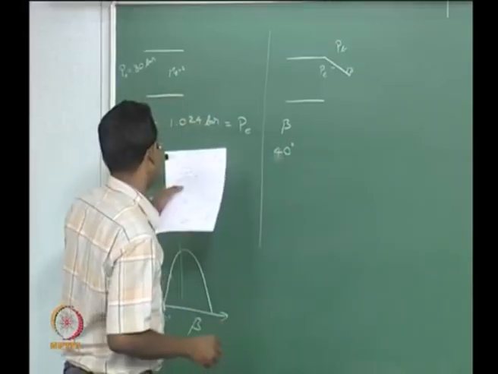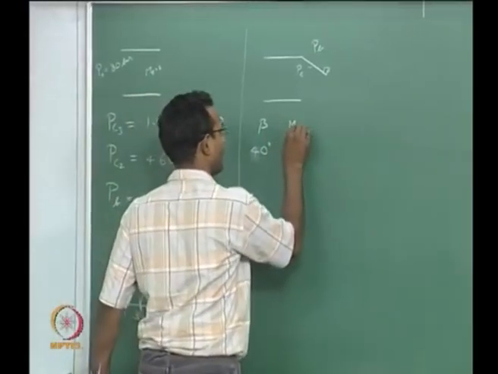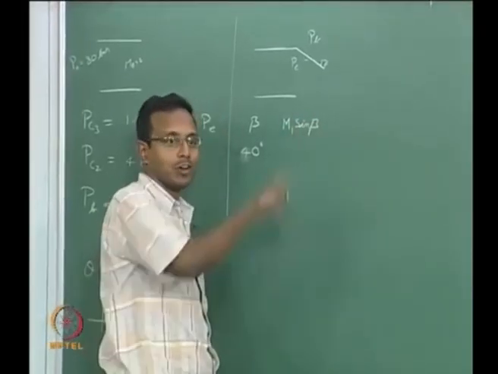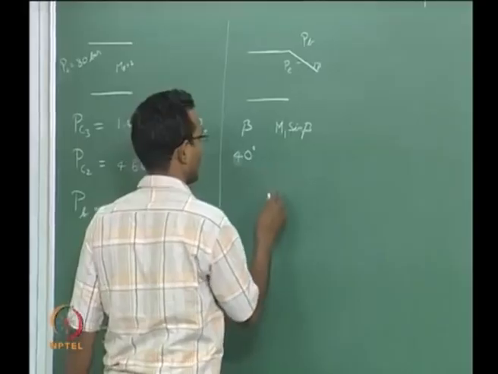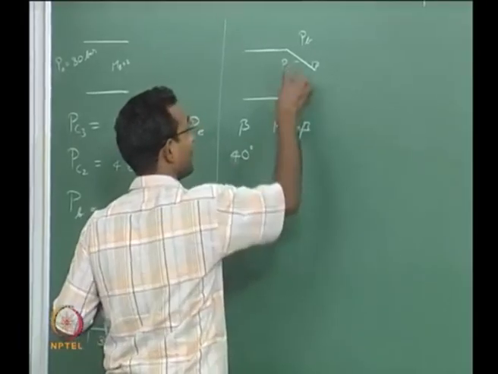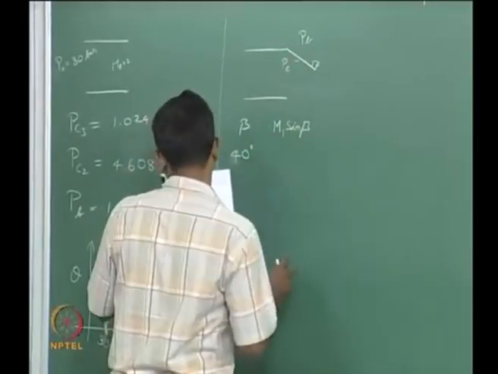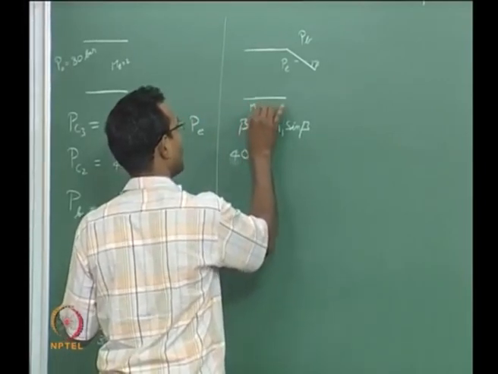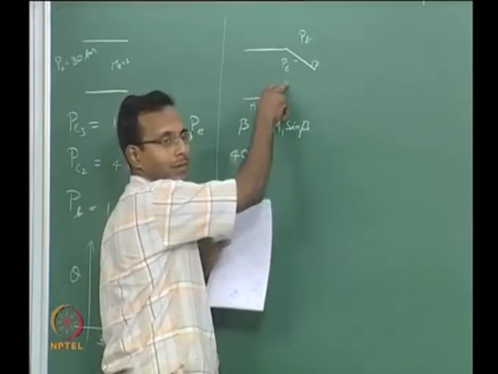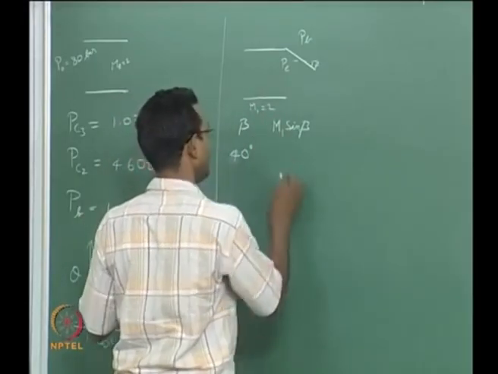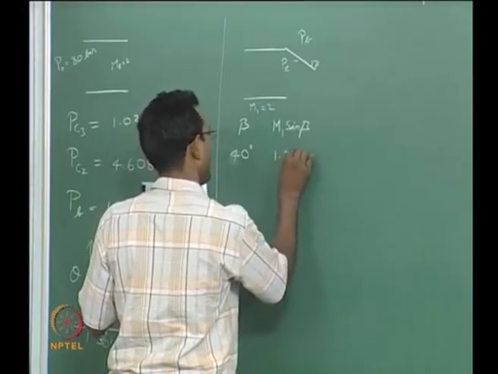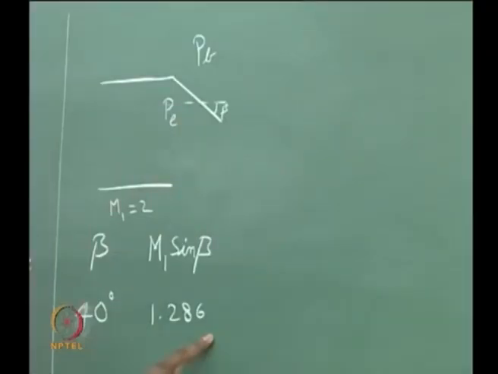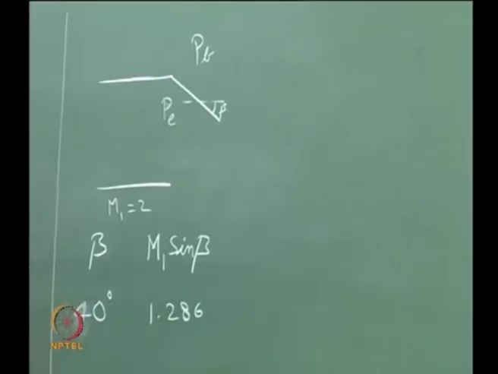If I pick a beta value, immediately I can find my M1 sin beta, that is the normal component for that particular oblique shock, which is what matters to find the P2 by P1 across the shock. I know my M1 value is 2, which is the exit Mach number at that end of the nozzle. So M1 sin beta happens to be 1.286. I will take this number as my Mach number and go and look at normal shock tables.